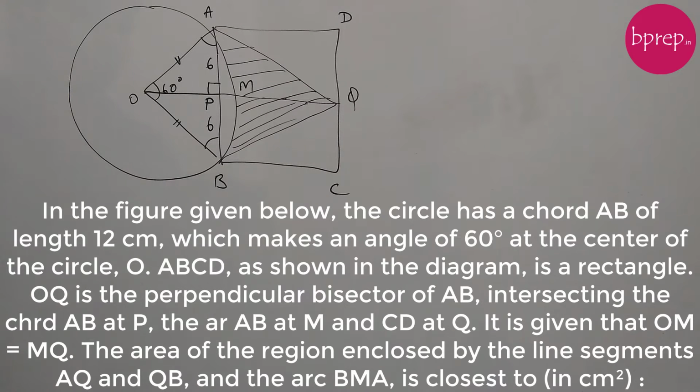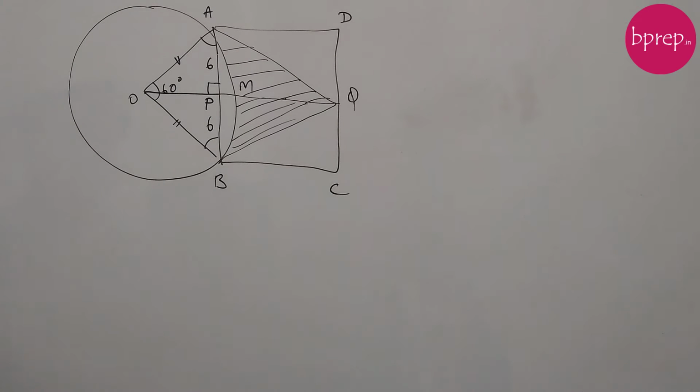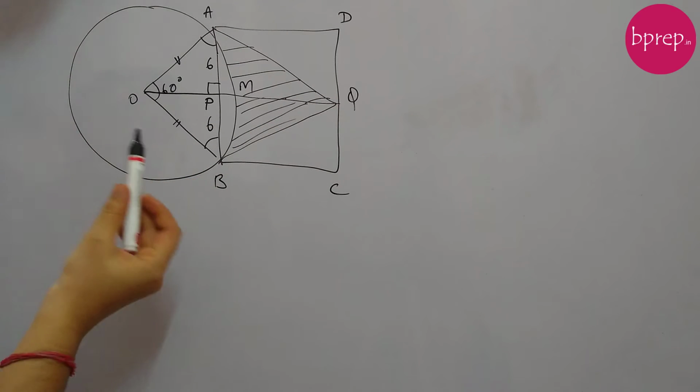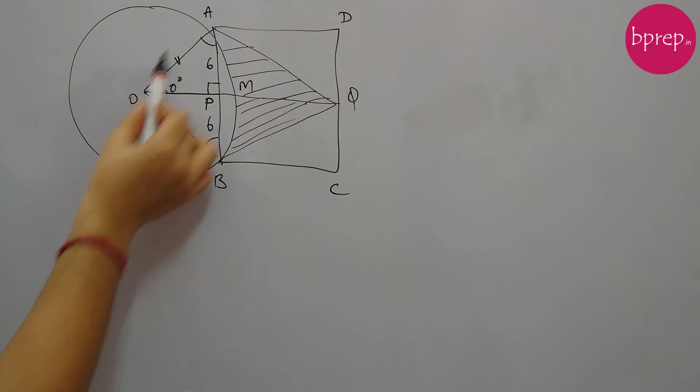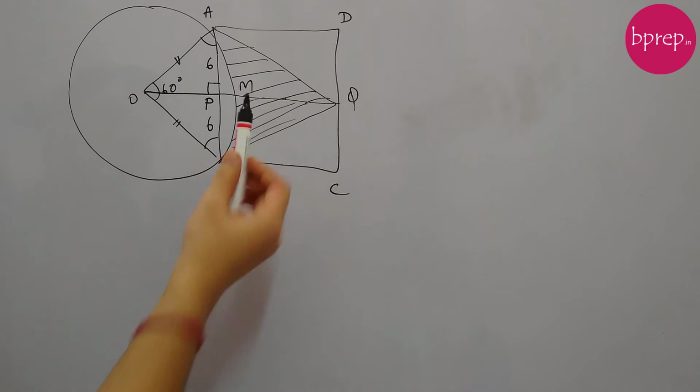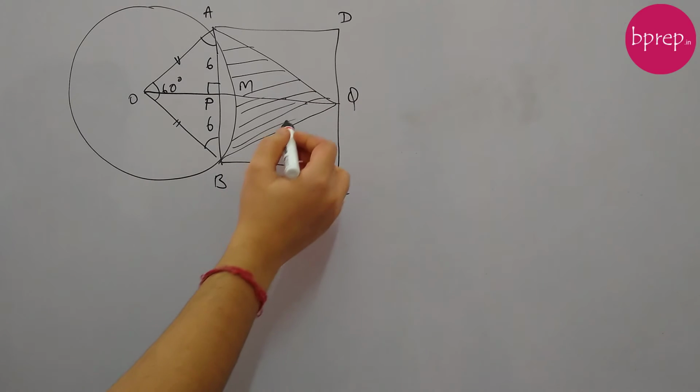So to get the area of the shaded region, if we know the area of quadrilateral OAQB, and from that we subtract the area of sector OAB, or rather OAMB, we will get the area of shaded region, right?